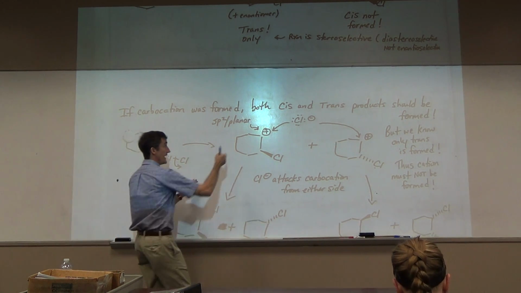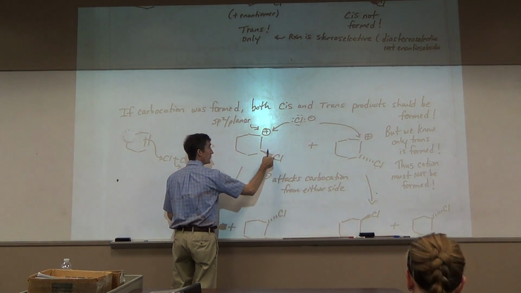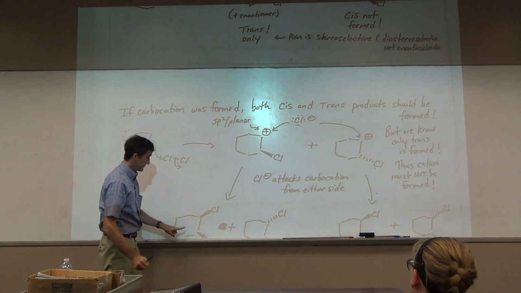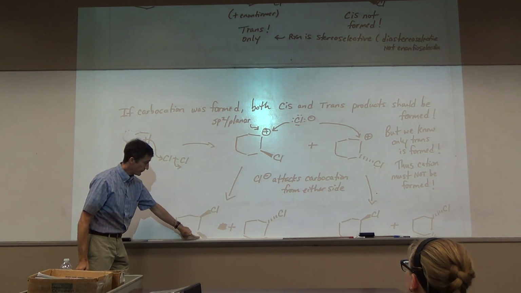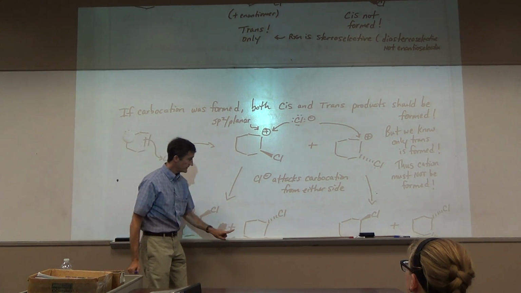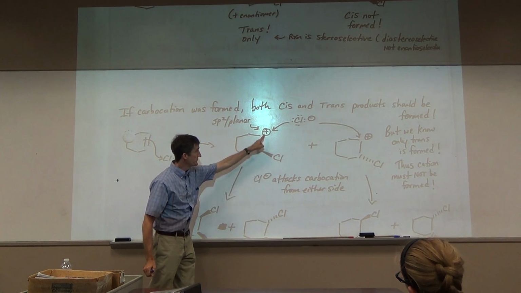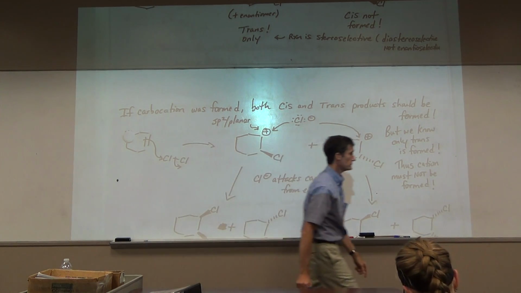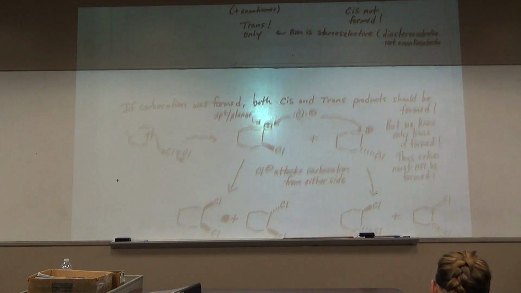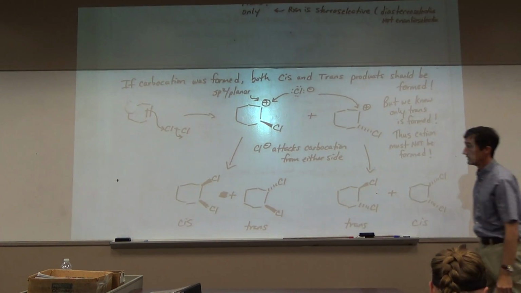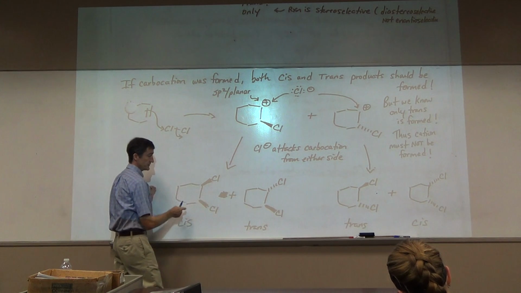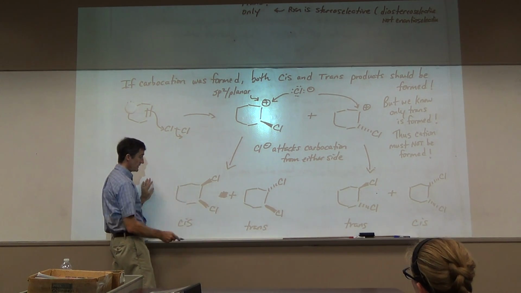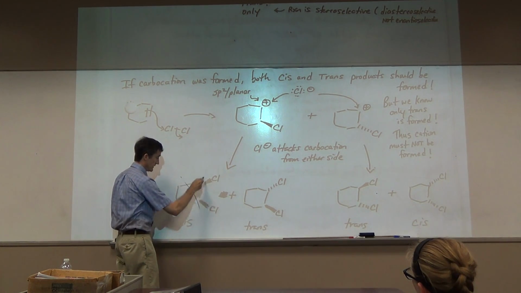So if the chlorine attacked this, bond forward, you would end up with chlorine forward and the other one forward, but then you would also end up with chlorine back and the other one forward. Right? But this should get both cis and trans. But we know that you don't get any cis.